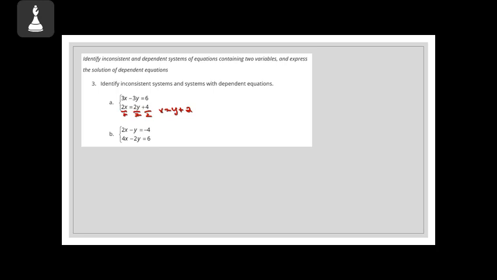So I'm going to plug that into the top equation. So 3, instead of x, I'm going to write y plus 2. Carry everything else, minus 3y equals 6. So I multiply out here, I get 3y plus 6 minus 3y equals 6.